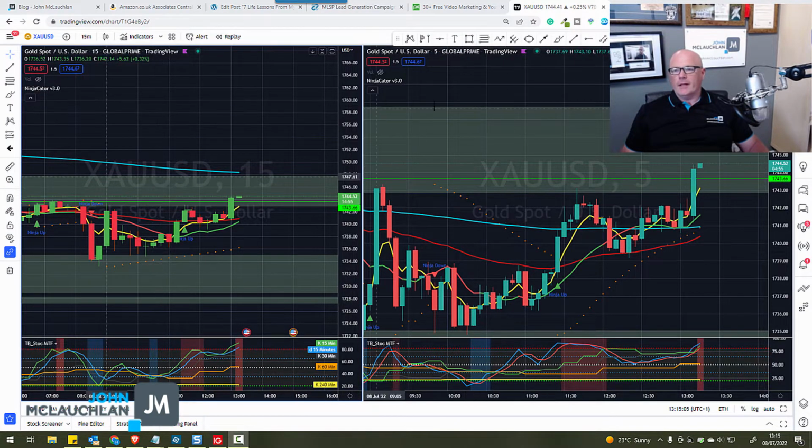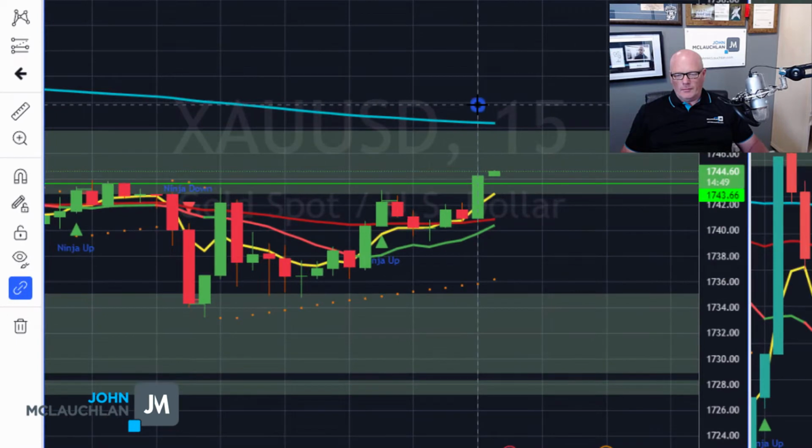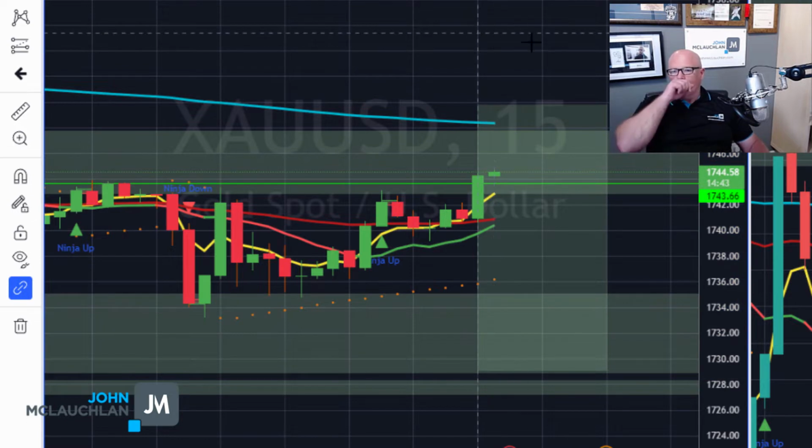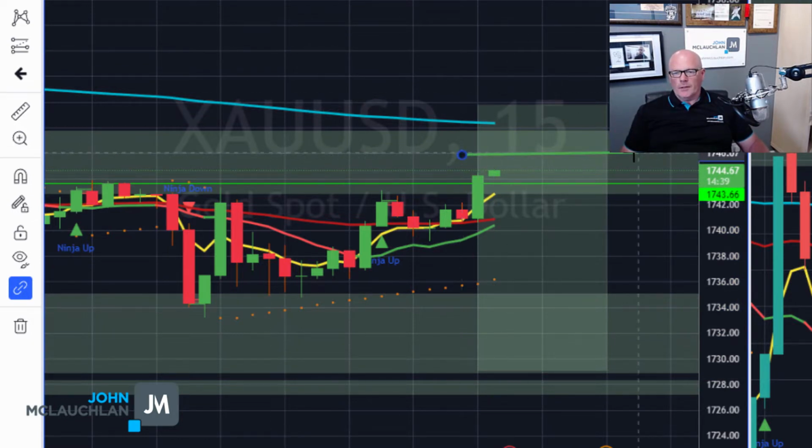We've got the 15 and the 5-minute time frame. We're going to put the bar on, and do it pretty quick because it's 13:15 now. There's the box. Going to put the trend line on, the green trend line, and we're going to change that color to red.